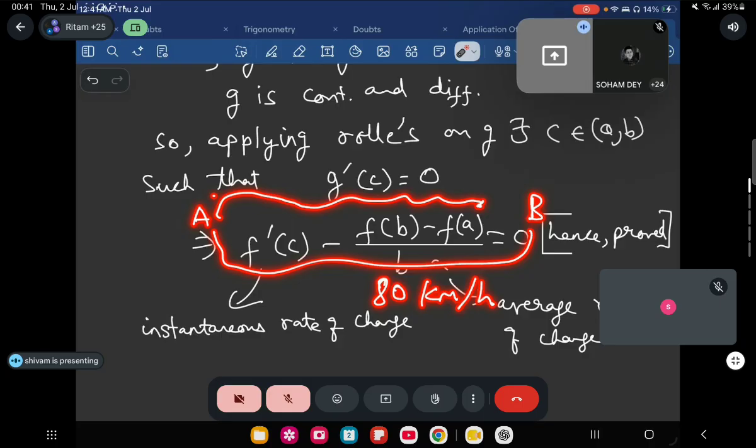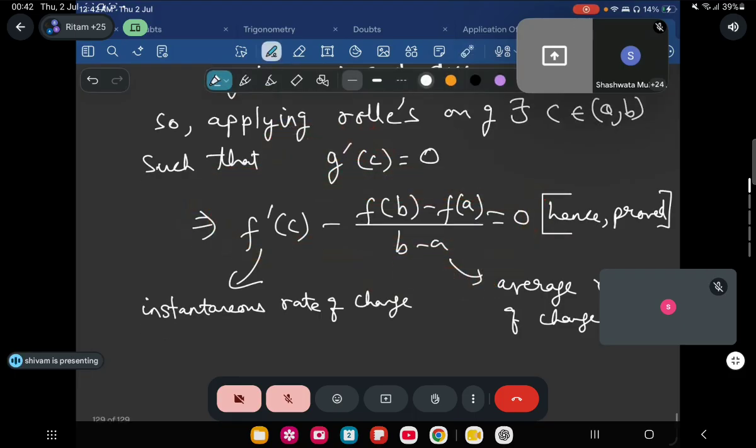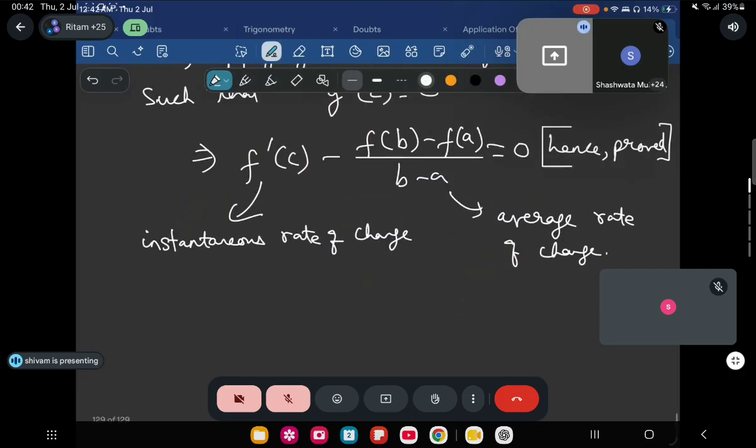Yes or no? Tell me, everyone. It might happen that for the first hour you are traveling above 80, but definitely in the rest of your journey, you must have come down below 80. So you must have hit 80 kilometers per hour at least once. This is what Lagrange's mean value theorem says.